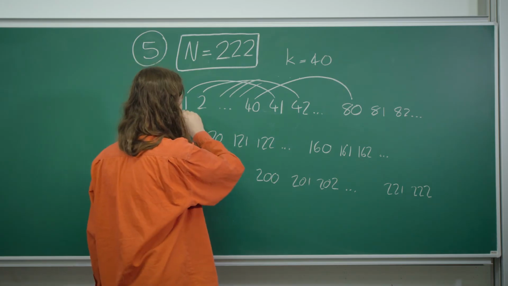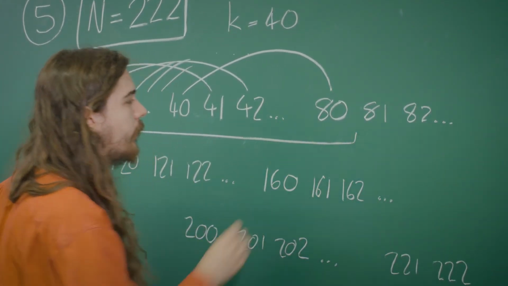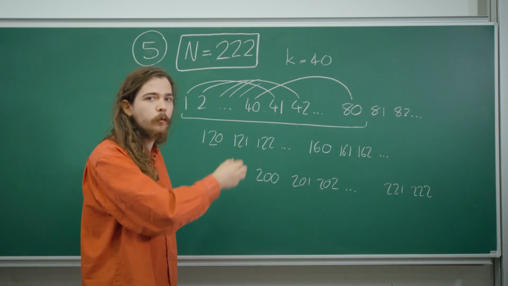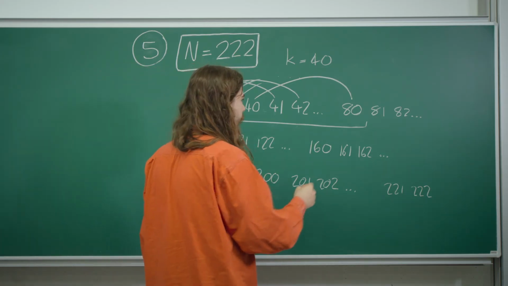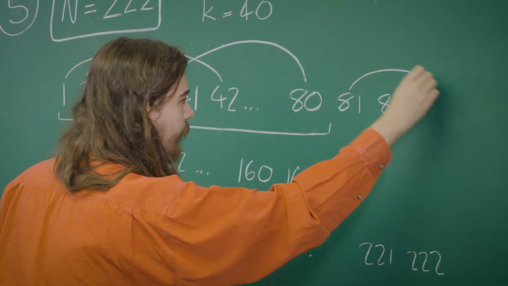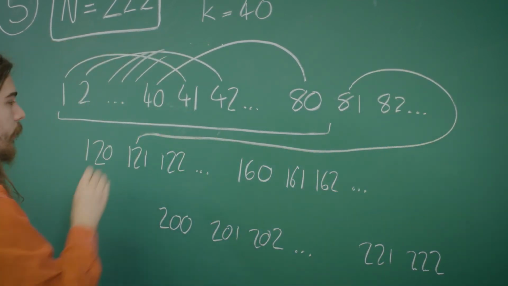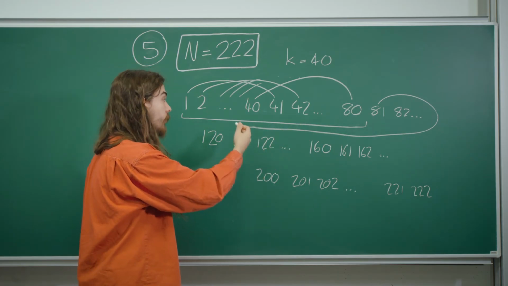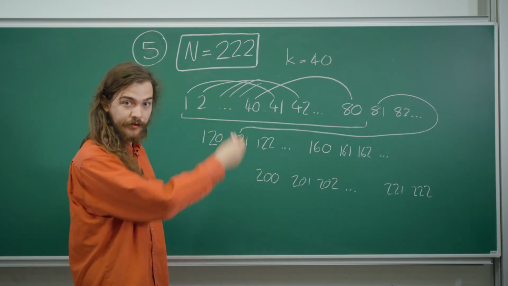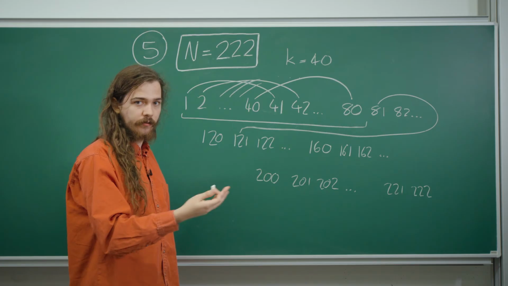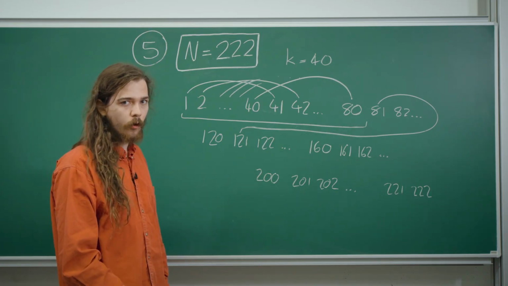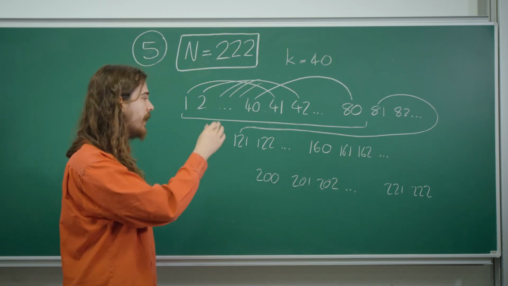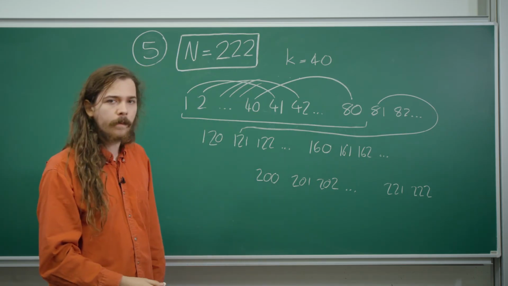We've now paired up everything between 1 and 80, and so we move on to do the same thing again, starting from 81. 81 is going to have to be paired with 121, because although there are things smaller than 81, and 41 is involved here, which is 40 less than 81, that has already been used. It's already been paired up, so we have to pair it with something greater.